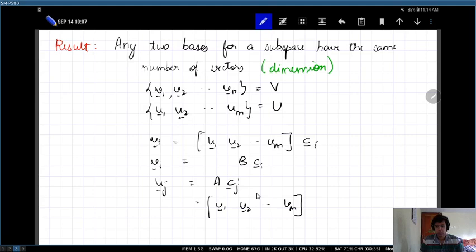If v1 through vn are linearly independent, and say u1 through um are also linearly independent, and you can write each vi as a linear combination of u1 through um, then I claim that if this is satisfied for all i, and the vi's are linearly independent, then for this to always have a solution, m must be greater than or equal to n.